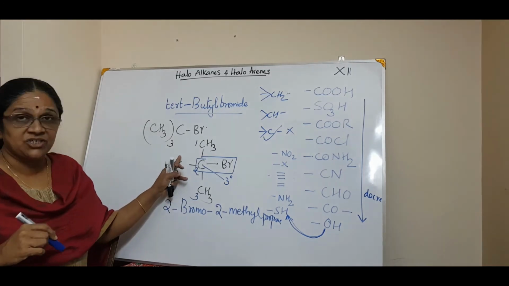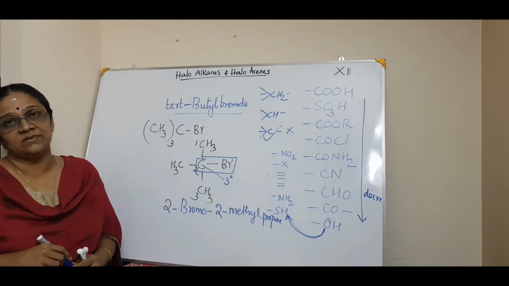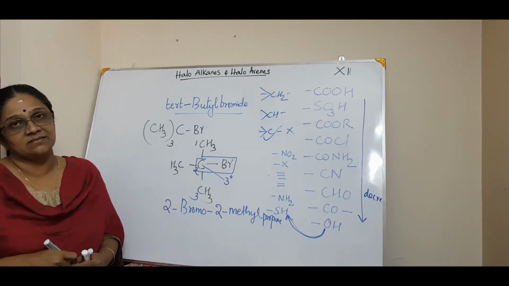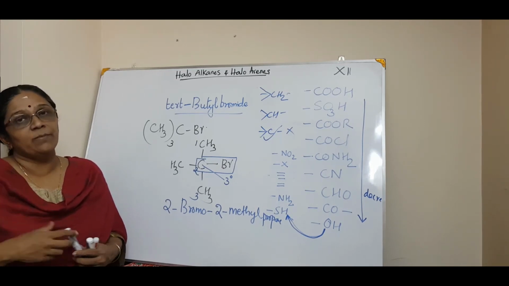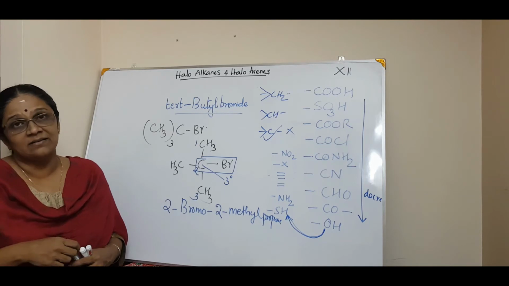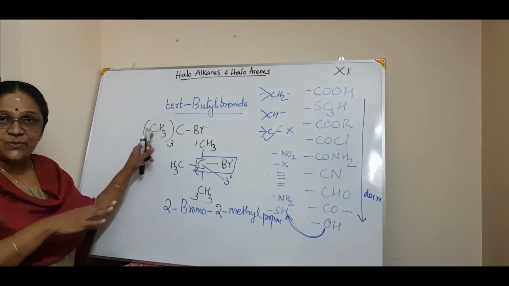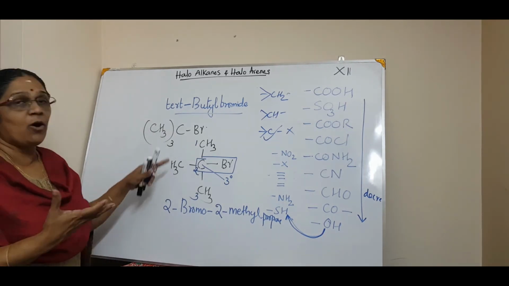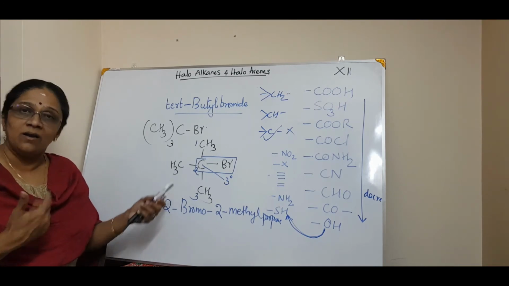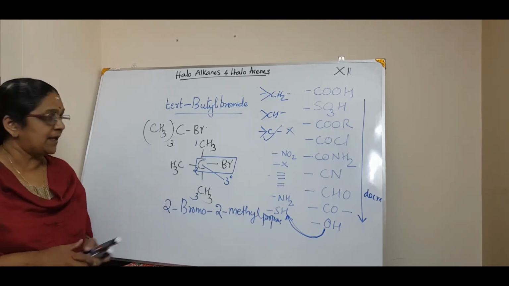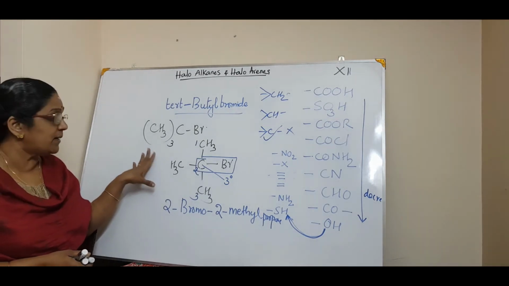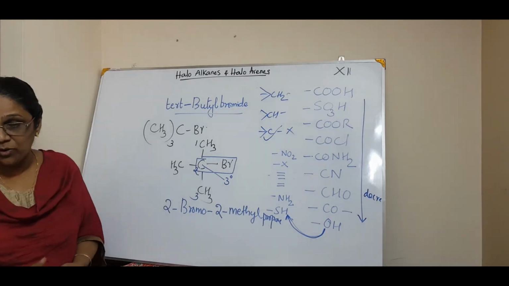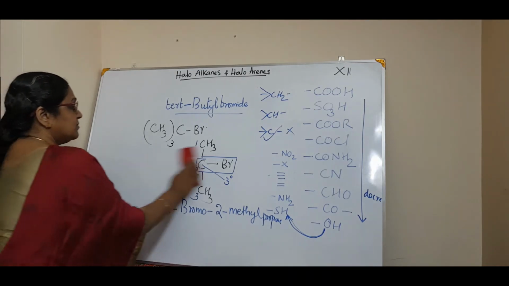All the structures you have to go through. Just seeing them, you can't recollect it. You have to do that homework. Then only it will come to your mind and you can reproduce it. So I hope this will do. Now any problem in doing that, just give me a call. I will sort it out for you. So this is all about the common name and the IUPAC name. You want one more? We will see one more also if you want.